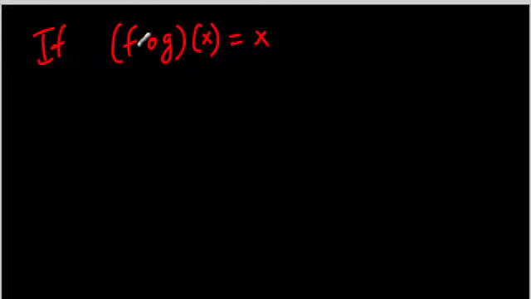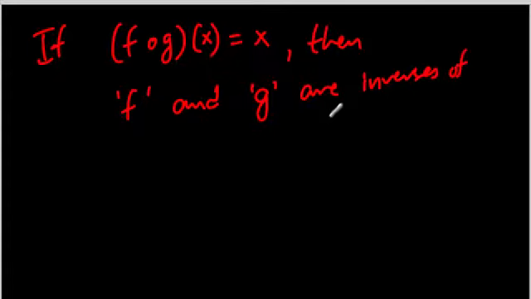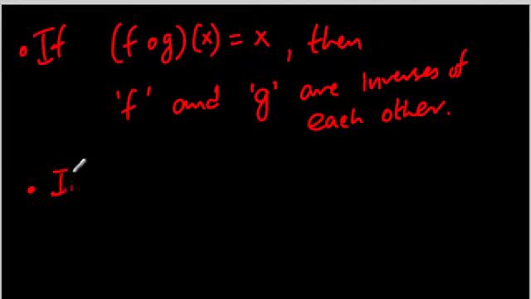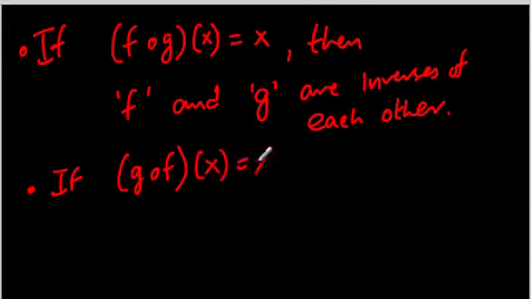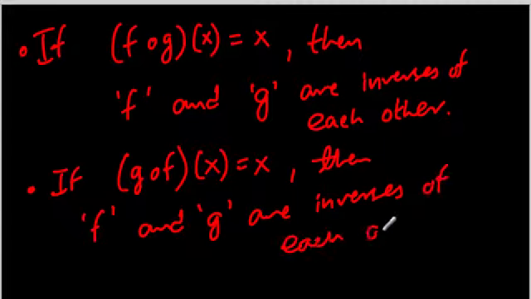If this statement is true, then f and g are inverses of each other. And by the way, it doesn't have to be in that order. We can also write another statement: if g of f of x is equal to x, then the same thing happens. Then f and g are inverses of each other.